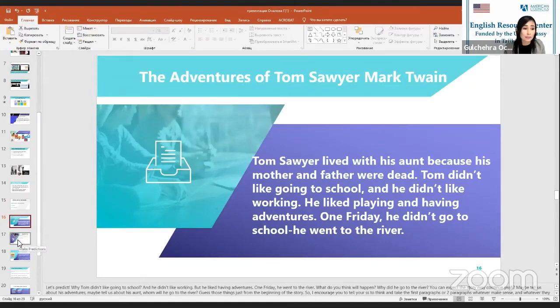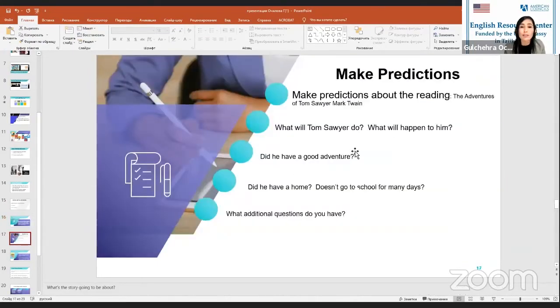So let's predict. For example, what do you think Tom Sawyer will do? What will happen to him? Did he have a good adventure? Did he have a home? Doesn't he go to school for many days?